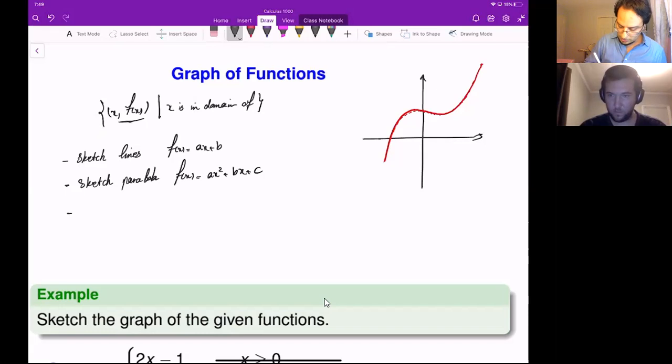You also need to know the power functions themselves, x², x³, x⁴, and so on. If you know how to do these three, you're in good shape. You can go ahead and start this course without any worries.